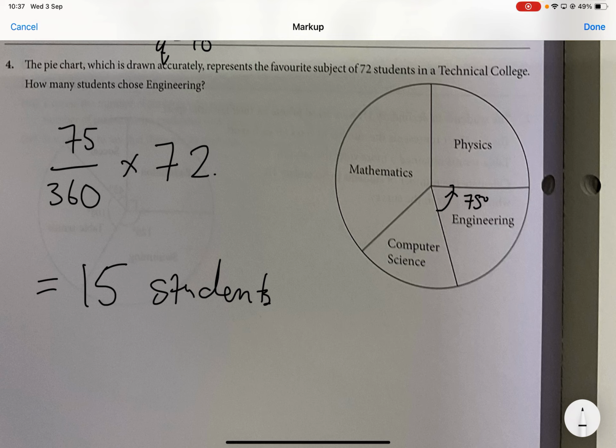Can? This has come out in the N level national exam before. They give you an accurate pie chart.